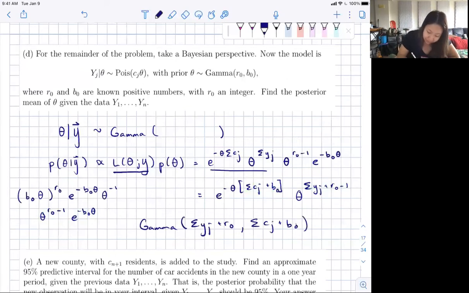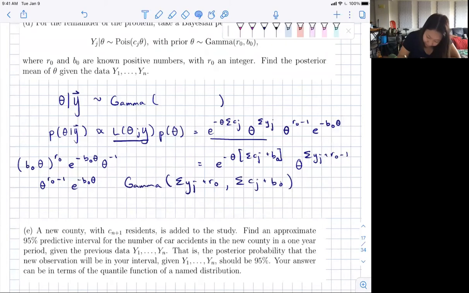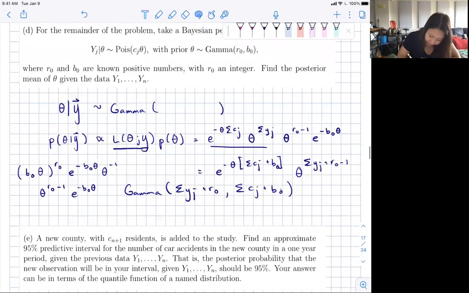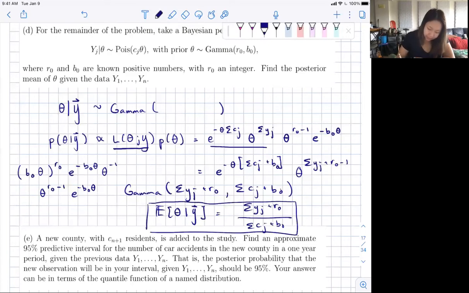So that's our new posterior distribution, and the mean of that is going to be the first term over the second term. So the expectation of theta given y is equal to the sum of yj plus r naught over the sum of cj plus b naught. This is going to be our answer for this part.